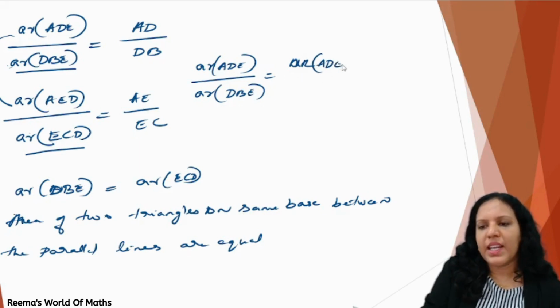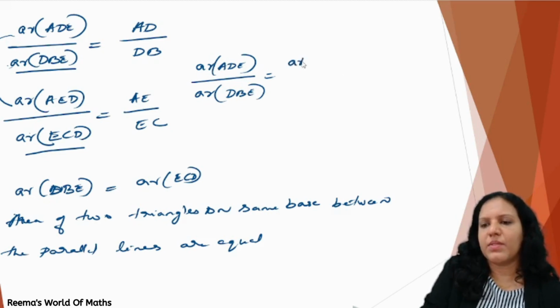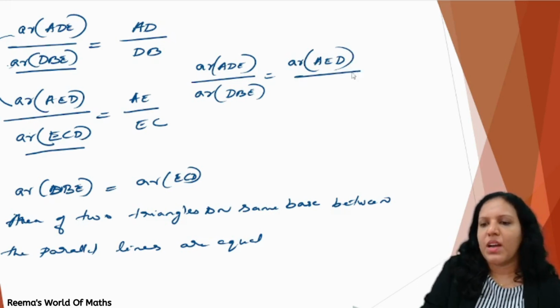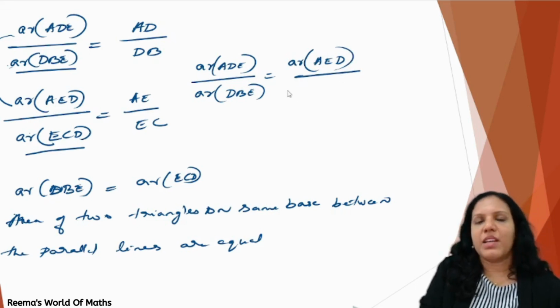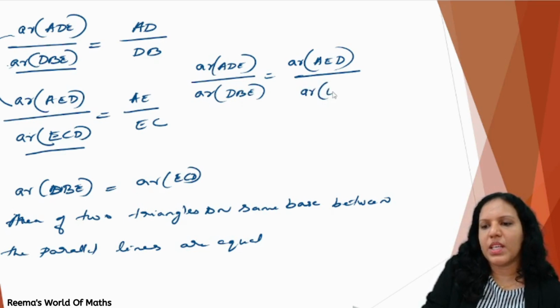We can write it as ADE or AED, both are the same triangle, so the area will also be equal. And area of DBE and area of ECD.